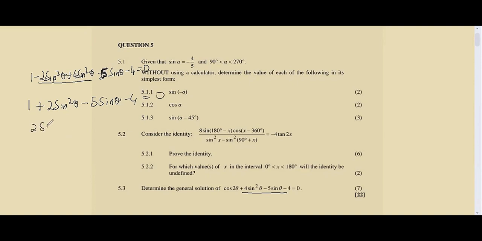Then this is 2 sine squared theta minus 5 sine theta, and then 1 minus 4, that's minus 3, equal to 0. So if I were to factorize this, this comes out as 2 sine theta plus 1, and then here I have sine theta minus 3, right, is equal to 0.